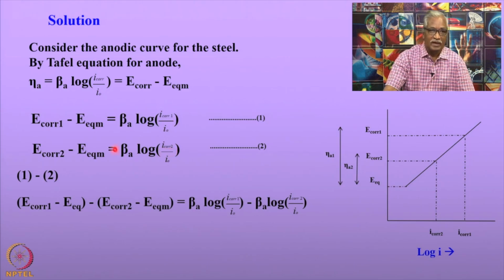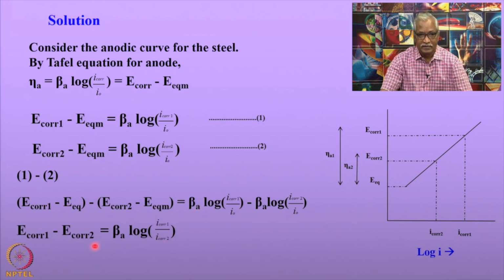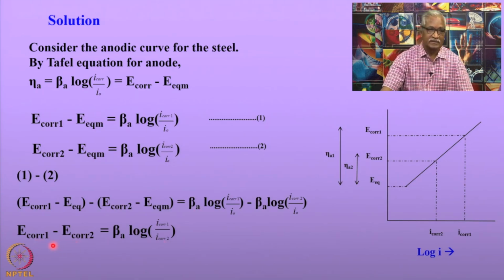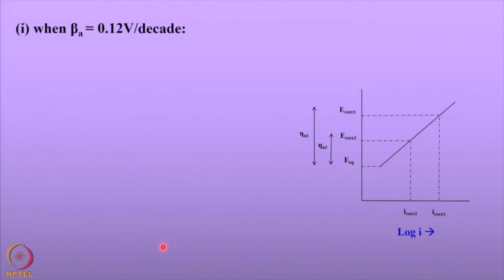So, we can solve these equations and you will get the resultant equation here. The ECAR 1 minus ECAR 2 is given as Tafel slope beta A times the logarithm of ICAR 1 upon ICAR 2. So, that is a general equation.